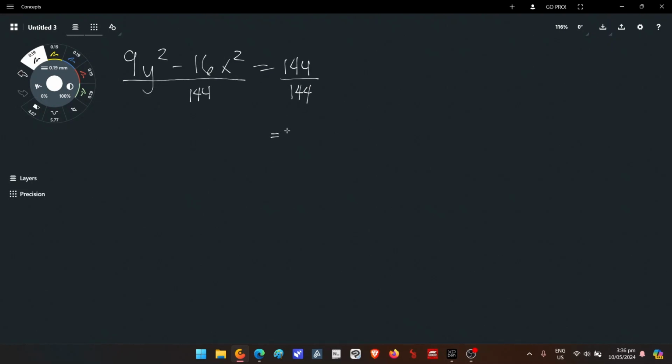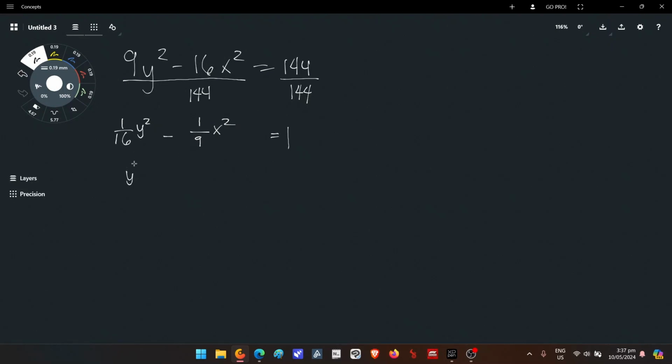So 144 divided by 144 is 1. 9 divided by 144 is 1 over 16. 1 over 16 y squared minus negative 16 divided by 144 is 1 over 9 x squared equals 1.